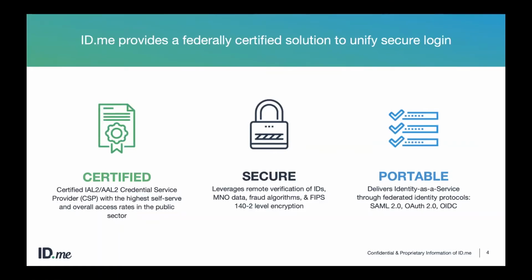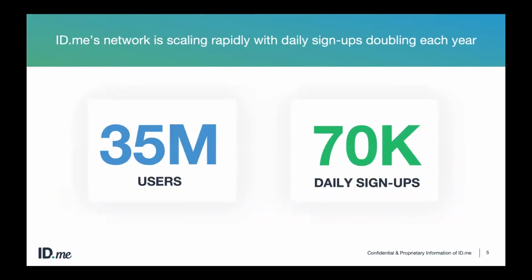So it saves a bunch of time for not only the user, but also for our partners when individuals don't have to continually verify, especially if it's someone that has trouble verifying through a self-service manner, which I'll talk to a little bit more in a second here. But we have built a network of over 35 million pre-verified individuals, growing at about 70,000 new users each day.